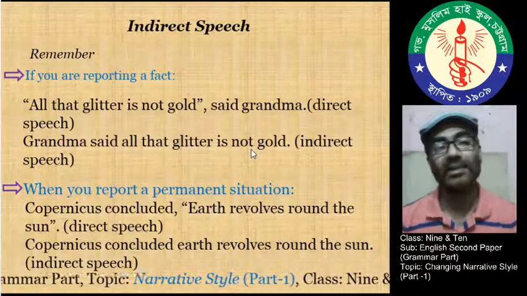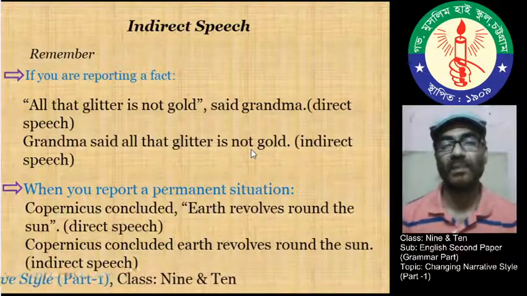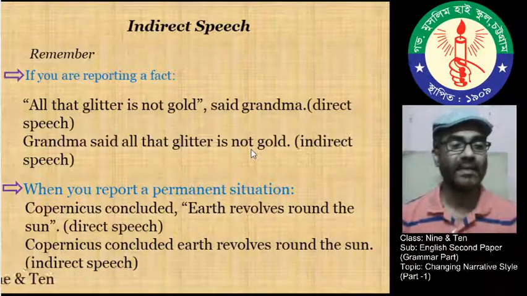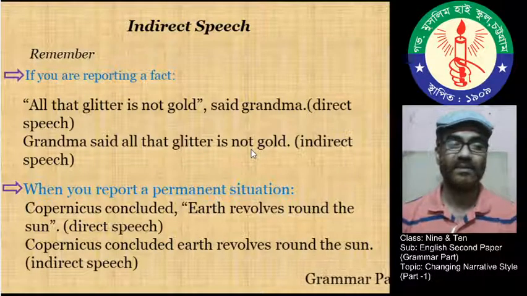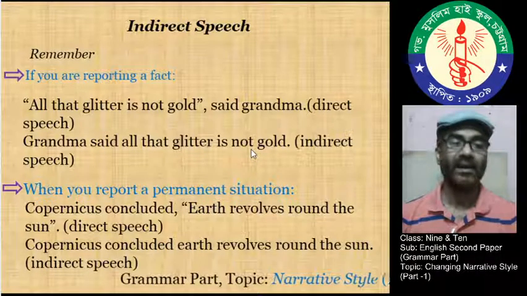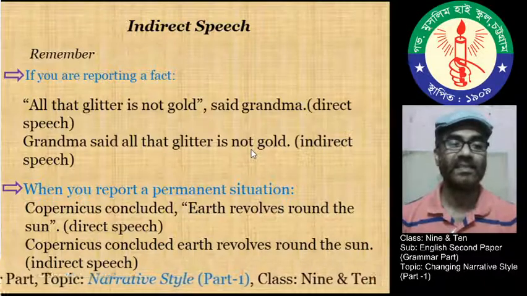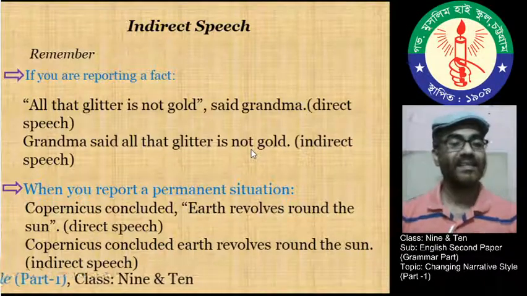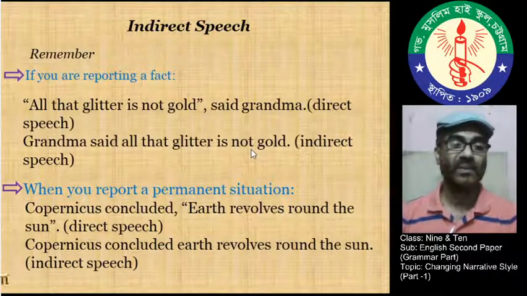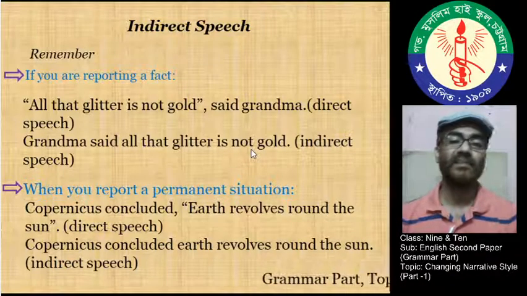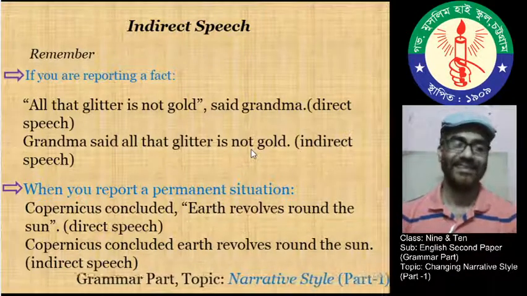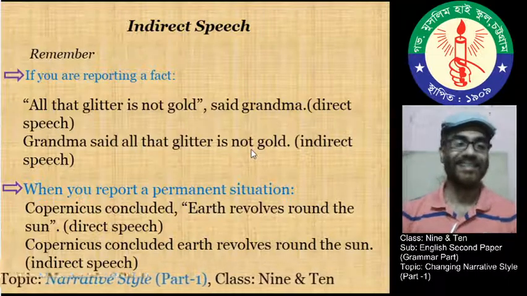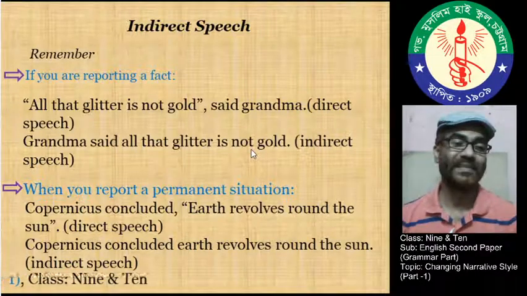Another one is when you report a permanent situation. You see, Copernicus concluded Earth revolves around the sun. That is direct speech, and in indirect speech, Copernicus concluded Earth revolves around the sun. It also remains unchanged because it's a permanent situation.